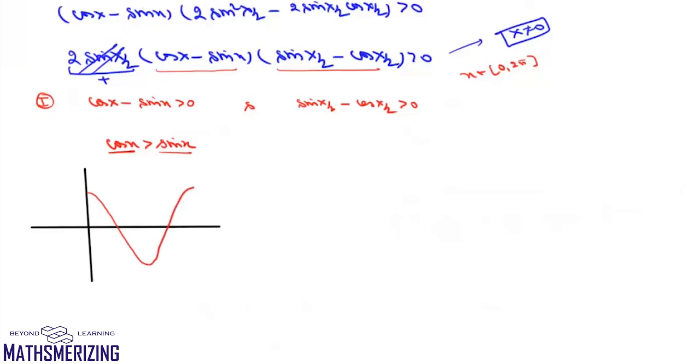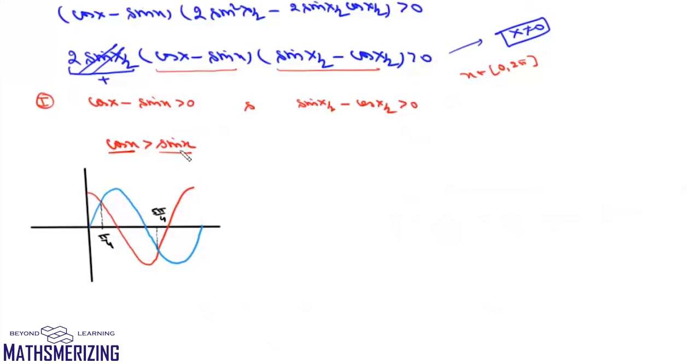Now we'll also draw the graph of sin x. Now they intersect at pi by 4 and 5 pi by 4.